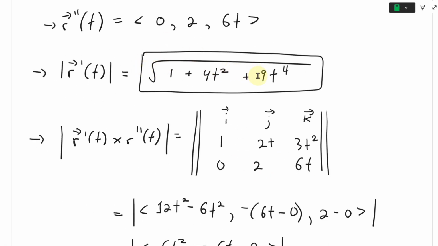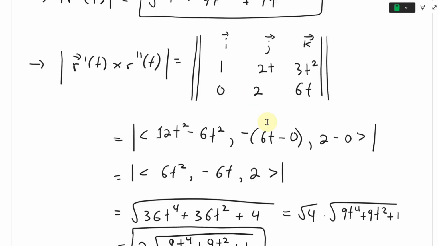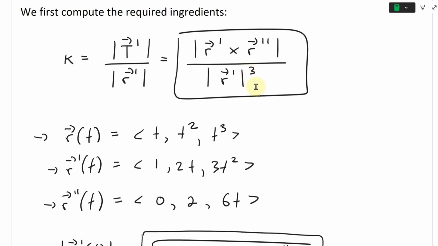But instead of squared, it's going to be a power of 3 over 2, because we have this cubed there.